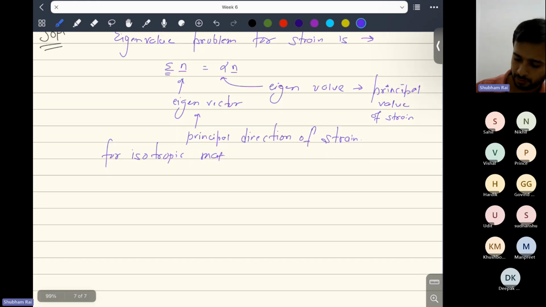And for isotropic materials, let's write the relationship between stress and strain.